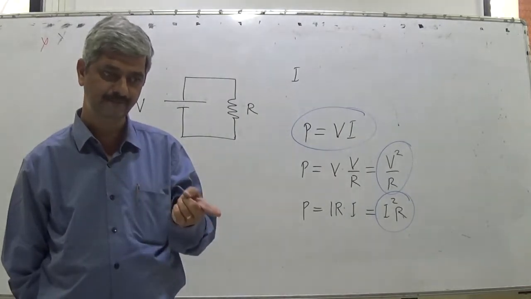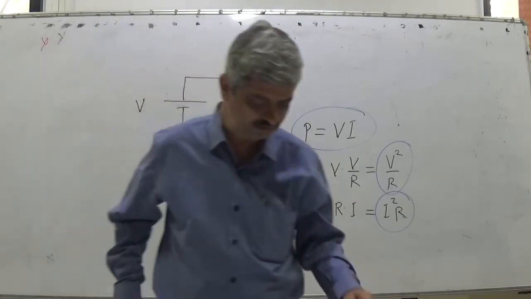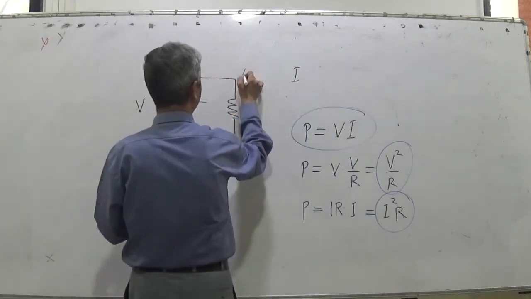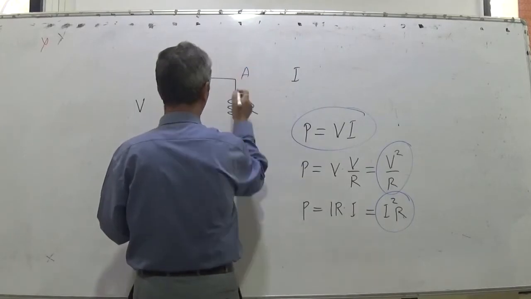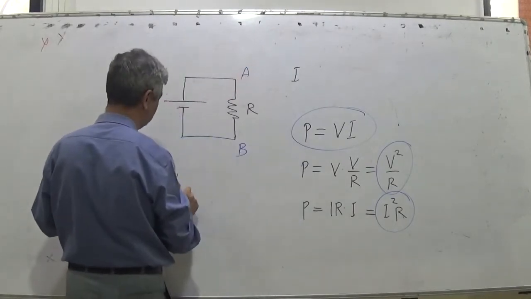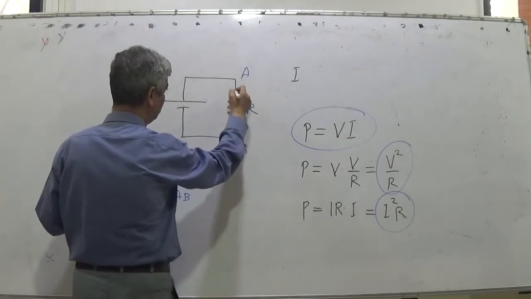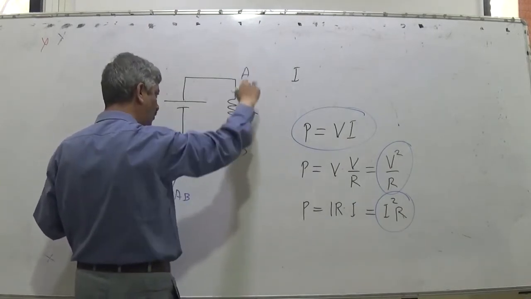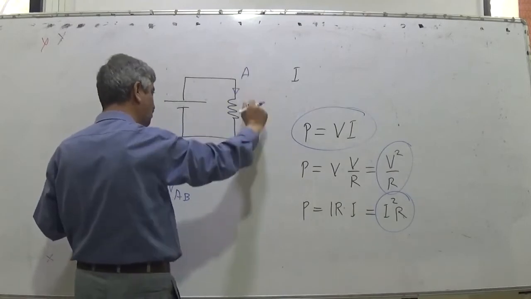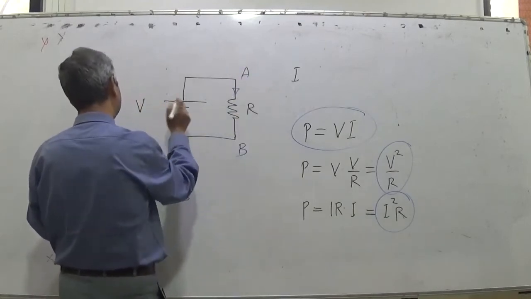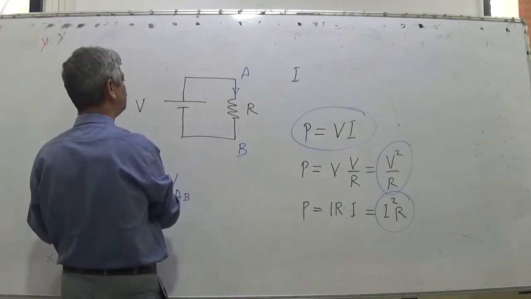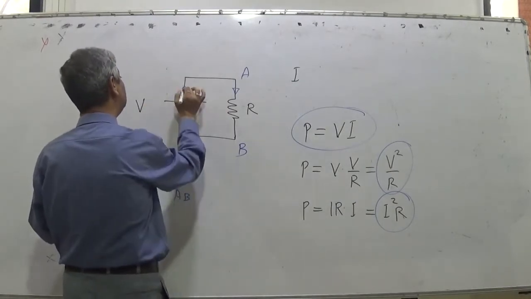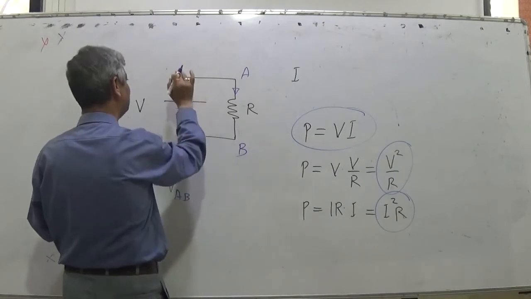Now what about direction? Voltage is measured as VAB and current is from A to B. So this much power V into I is consumed in the resistor. What about the battery source? VAB is the same. What about I? I is in the reverse direction.